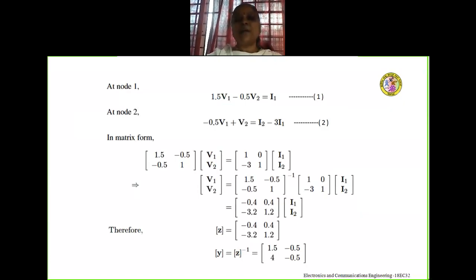1.5 V1 minus 0.5 V2 is equal to I1. Say this is equation number 1. At node 2, minus 0.5 V1 plus V2 is equal to I2 minus 3 I1, which is equation number 2.